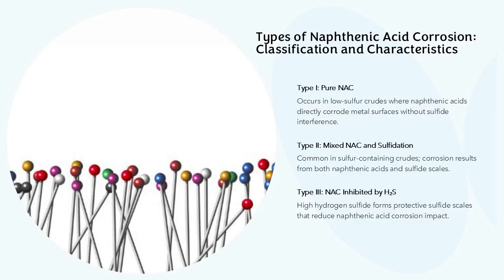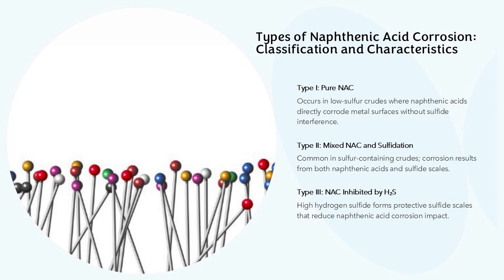NAC can be categorized into three main types based on the interaction between naphthenic acids and sulfur compounds. Type 1, or pure NAC, occurs primarily in low-sulfur crudes where naphthenic acids directly attack metal surfaces without interference from sulfide scales. Type 2, or mixed NAC and sulfidation, is the most common scenario in sulfur-containing crudes, where both mechanisms contribute to corrosion.